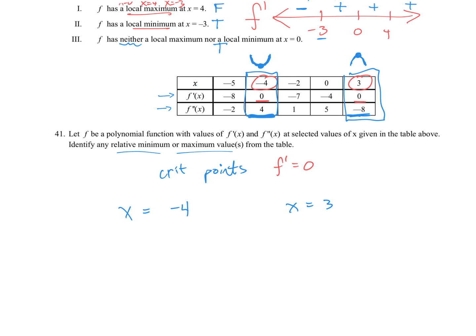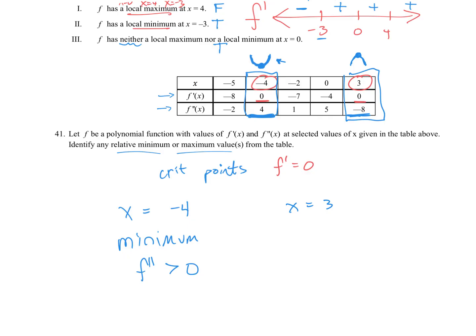So at x equals -4, I drew a little concave up function and a critical point, and I could see that that would be a minimum. And the reason would be because at that critical point, the second derivative is positive. So f is concave up, therefore that critical point is a minimum.